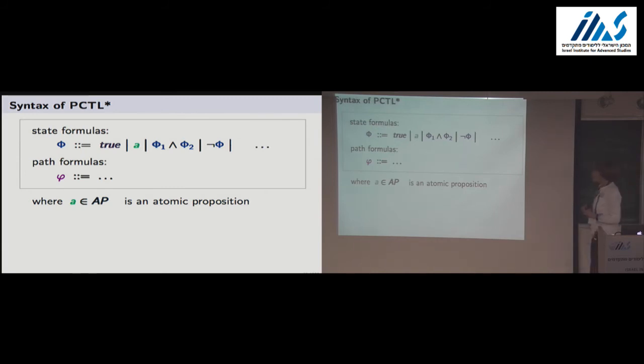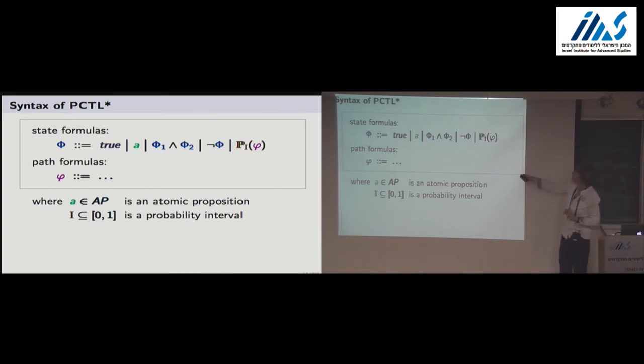So here is the syntax. We distinguish between state and path formulas. On the state formula level, we have propositional logic, and here the A stands for an atomic proposition. What we add here is the probability operator, P, which has two arguments.